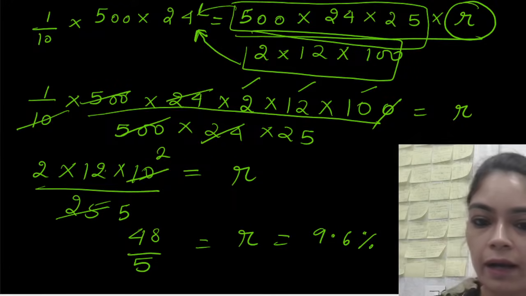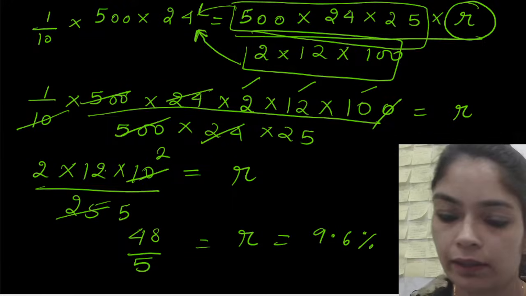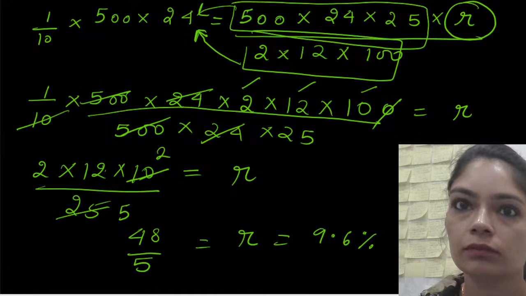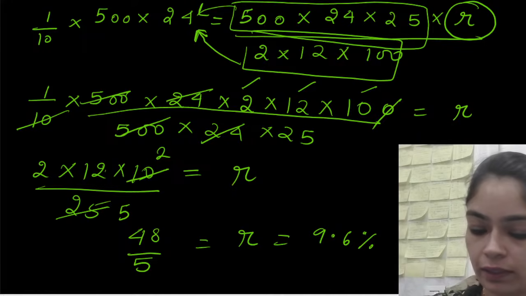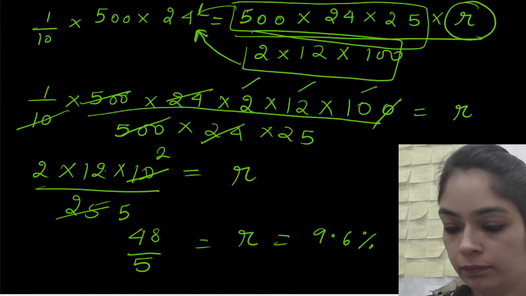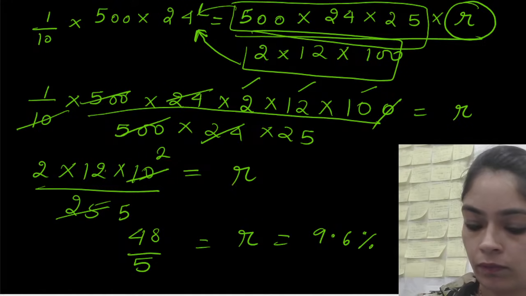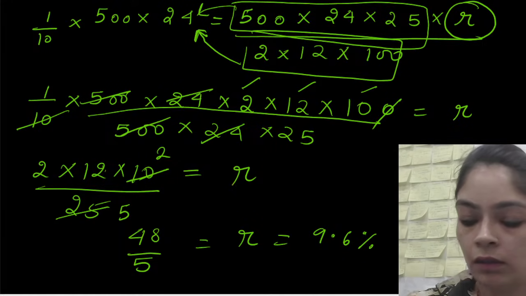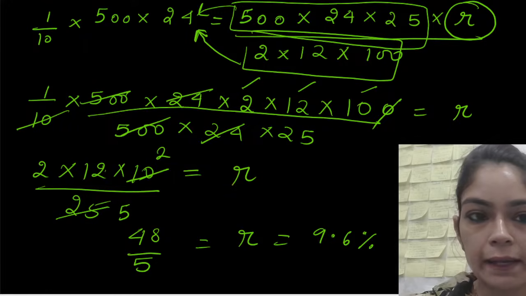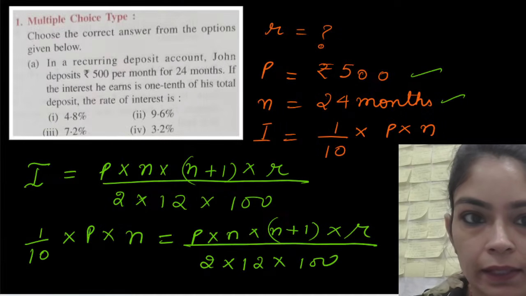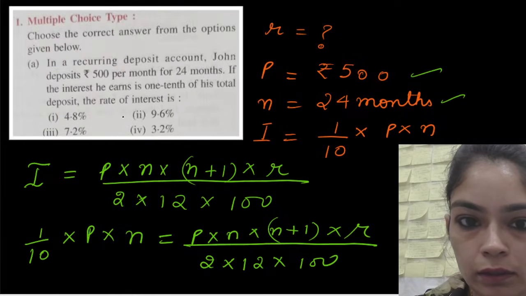Because this is R, so 9.6%. So is it clear? Is this question clear? So 9.6, option B is the correct answer of this one.